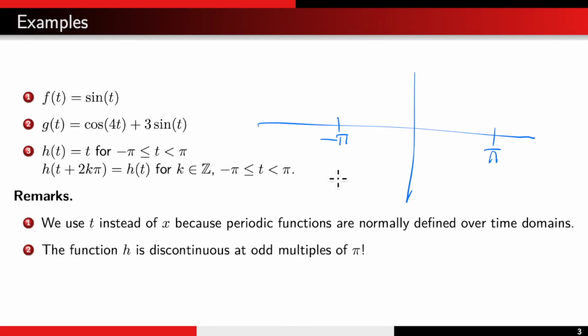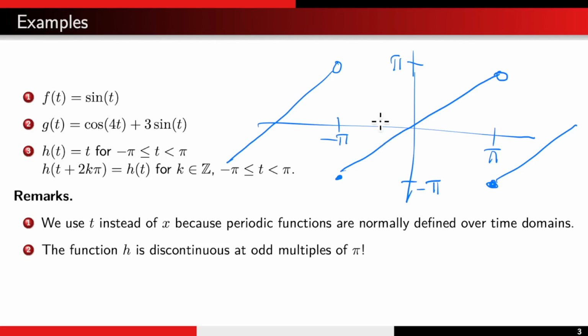We have the function that is at the point negative pi, passes through 0, 0, and ends at pi, comma pi, but does not include this point. So the periodic nature of this function will look like this, and so on.